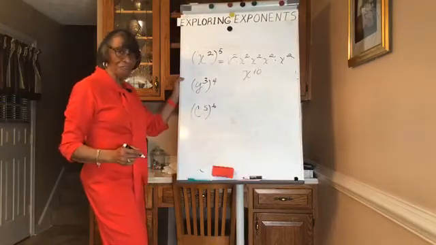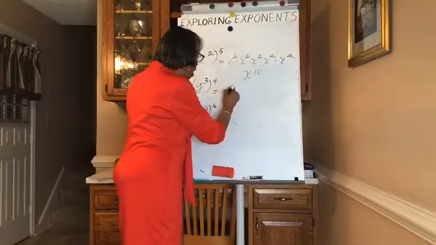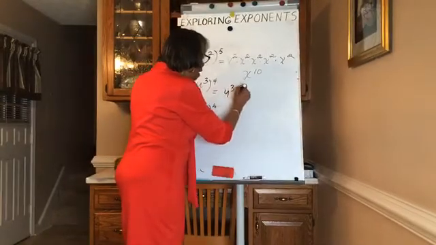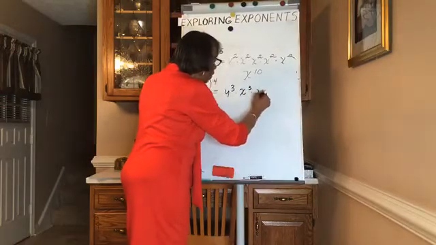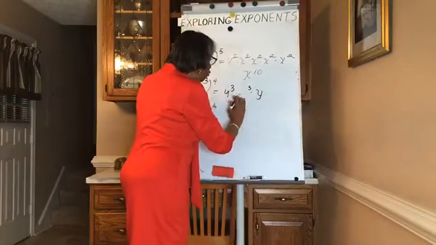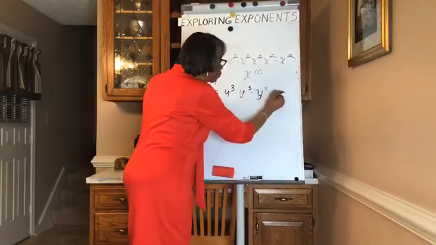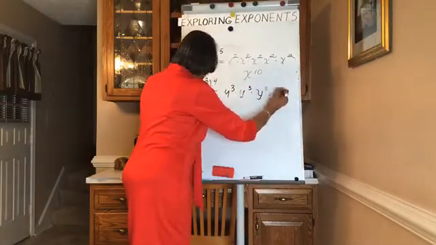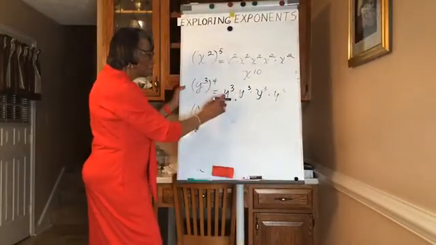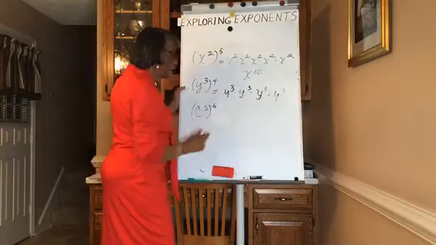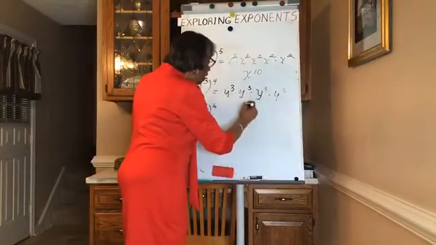Y to the 3rd power raised to the 4th power means I'm going to have 4 of them. Y cubed times y cubed times y cubed. I said y and wrote x. Y cubed times y cubed. All right, so we got 4 of them. So we know that's, okay, what did you get? Did you get y to the 12th?